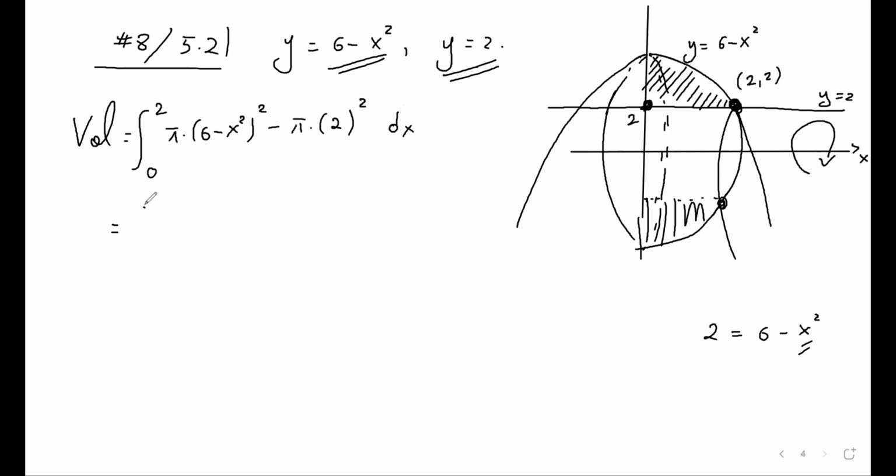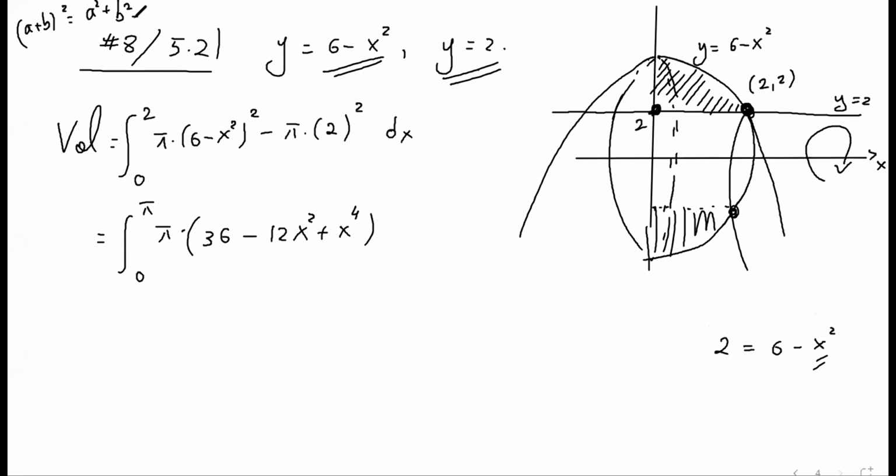And really this boils down to saying, without those squares, pi times, now (6 minus x squared) squared is 36 minus 12x squared plus x to the 4. If you remember the perfect square formula, folks, which is (a plus b) squared equals a squared plus b squared plus 2ab.